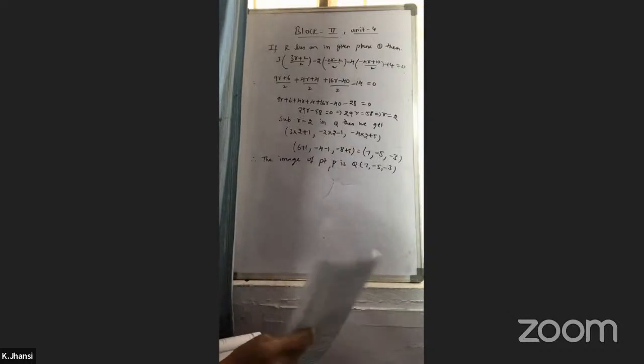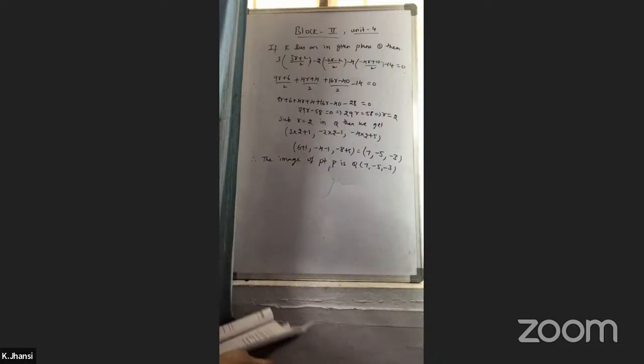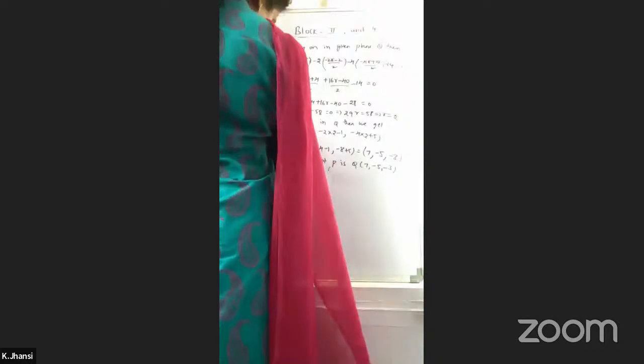The first method procedure is in your textbook, on page number 129, for 2 line equations in symmetrical form. So like this, a few lines will be there.